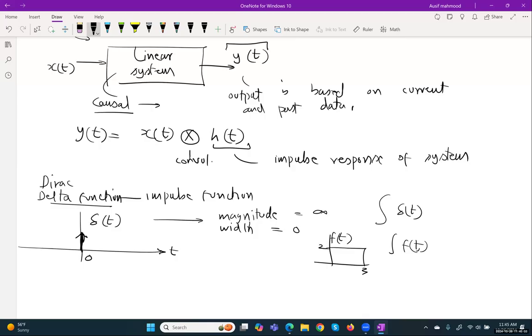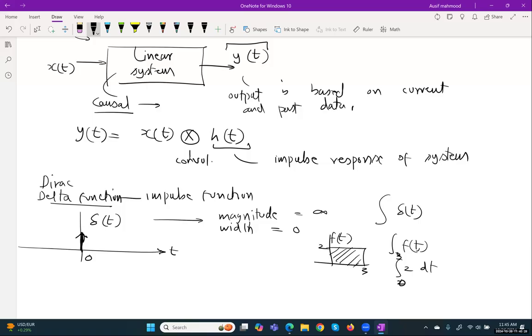Easy. What's the area under this? 2 times 3, 6, right? And you can easily verify it. It's basically the integral of 2 dt going from 0 to 3. And if you do the math, you'll come up with 6. That's what integral is, area under the curve.